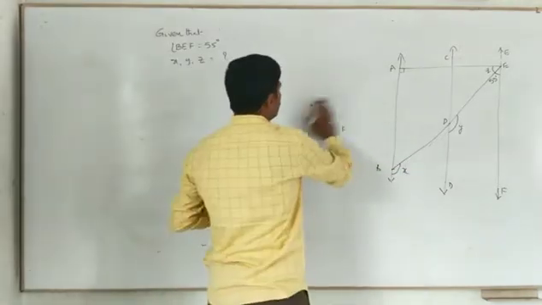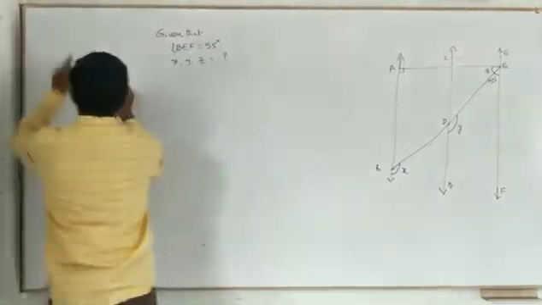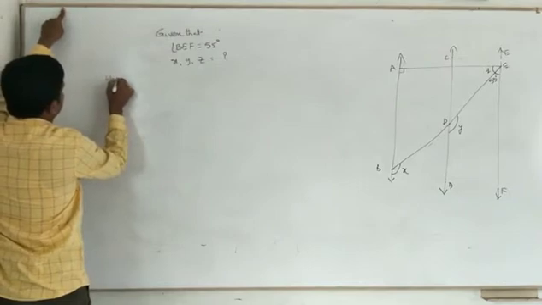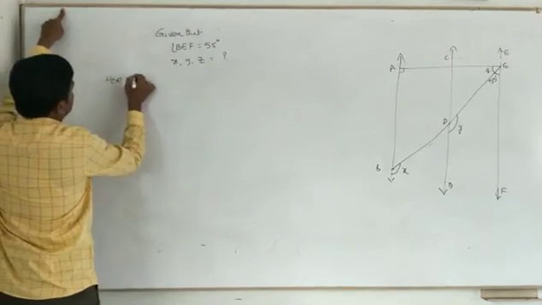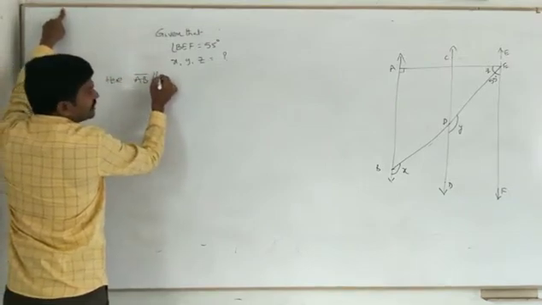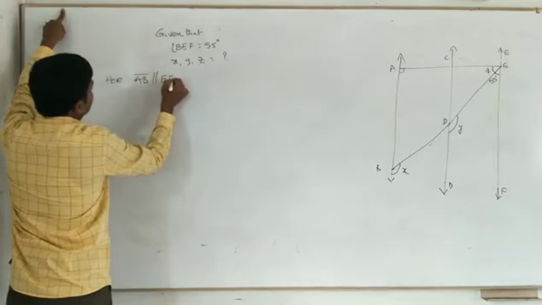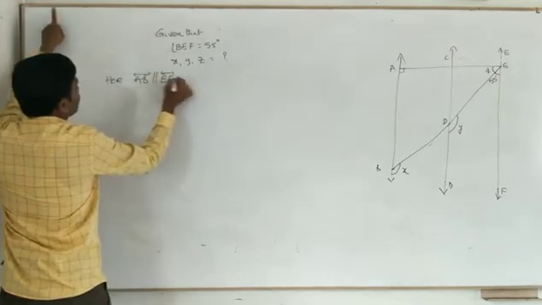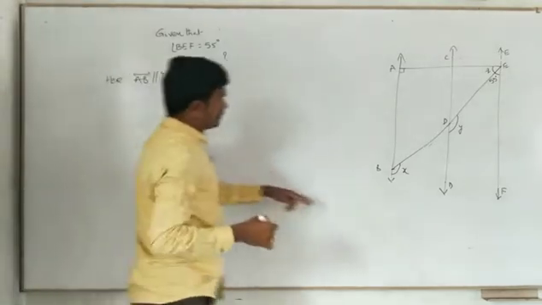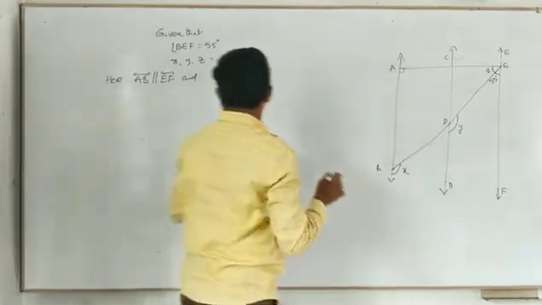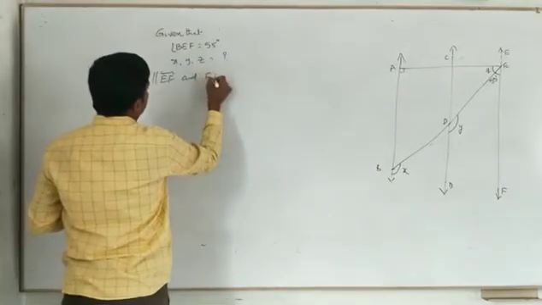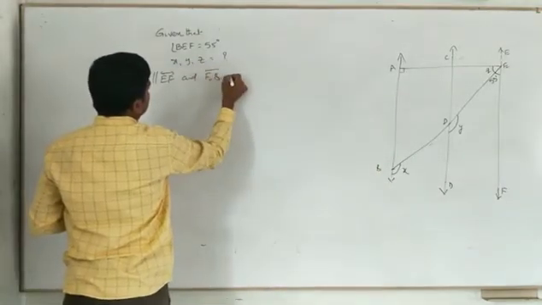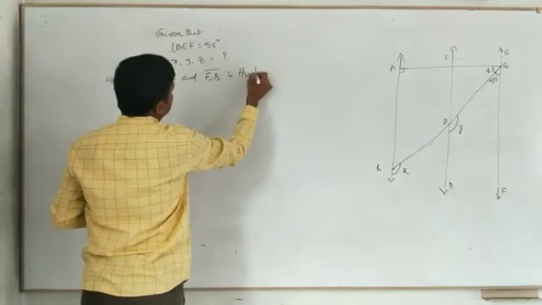So, look here. AB is parallel to EF and EB is the transversal.